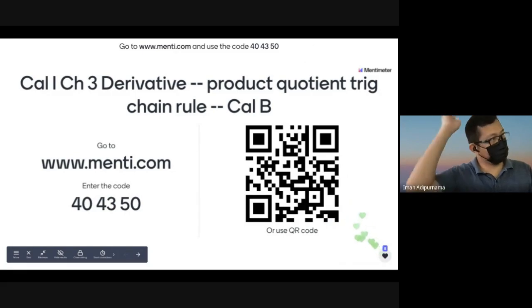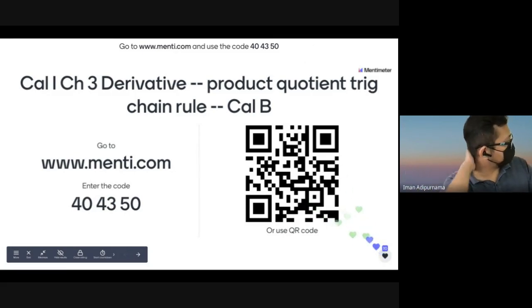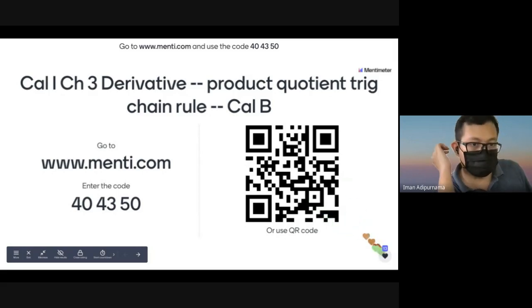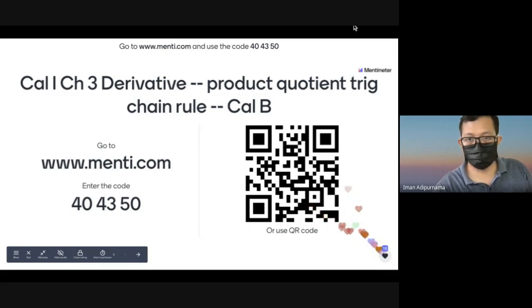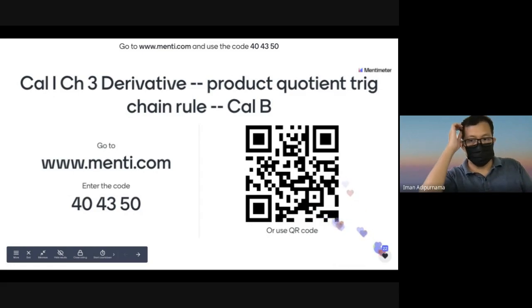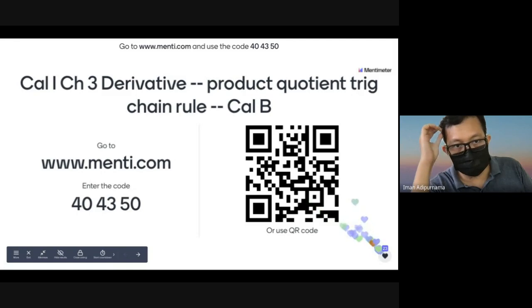If it's difficult to scan, you can just go to the website and put the code 404350. Okay, waiting for other students.